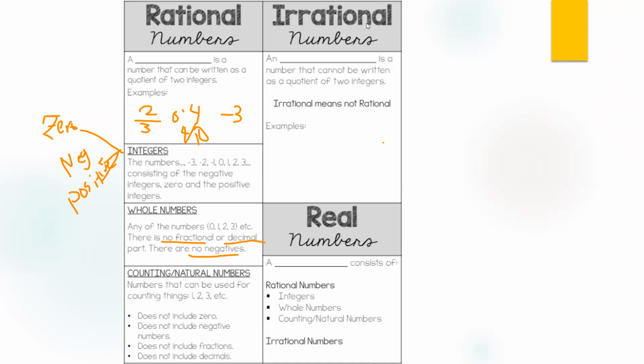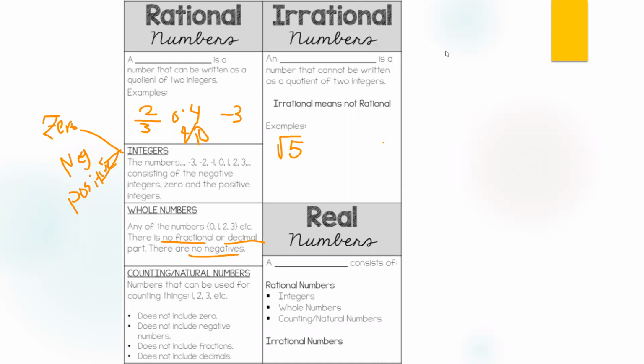So here, they are not integers, whole numbers, natural numbers, or rational numbers. Now, what about the irrational? The irrational cannot be written as a quotient of A over B, such as the square root of 5. What is the square root of 5?